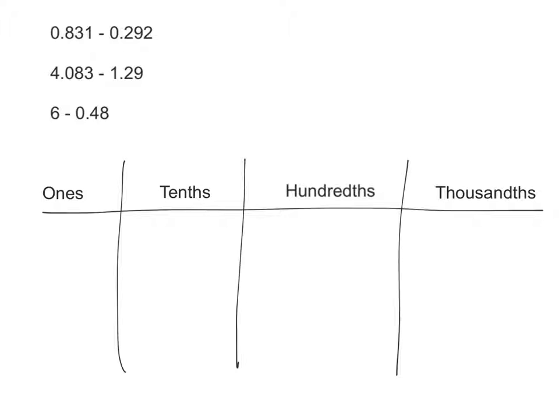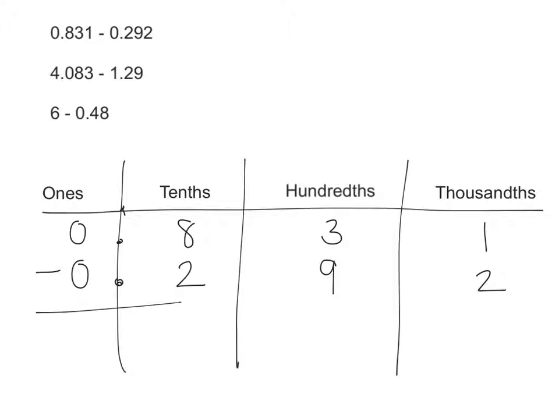Okay. In the first instance, we have 0 ones, 8 tenths, 3 hundredths, and 1 thousandth. And I want to subtract 0 ones, right here's the decimal point, 2 tenths, 9 hundredths, and 2 thousandths. Okay? Now, if I have 1 thousandth and I want to take away 2 of those thousandths, can I do that?